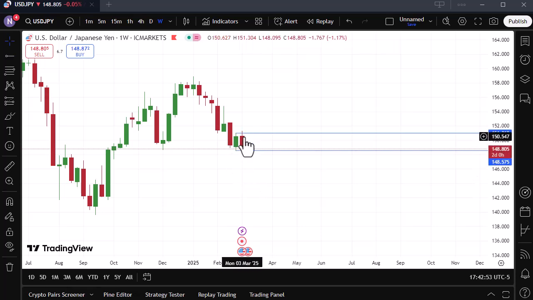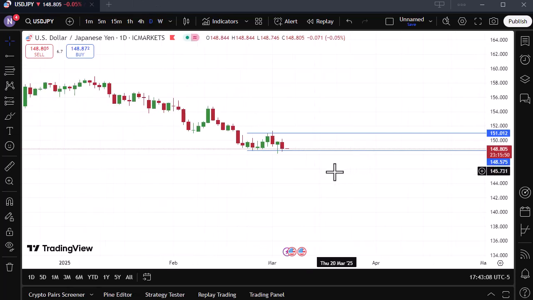So now we are in this red candle, so we'll drop down to the daily time frame and see yesterday's trade and previous day's trade.